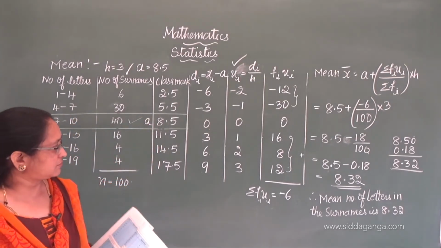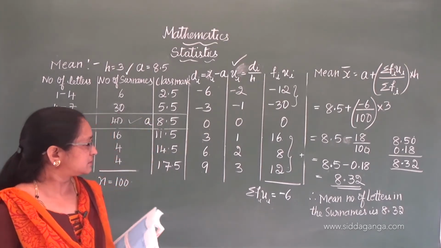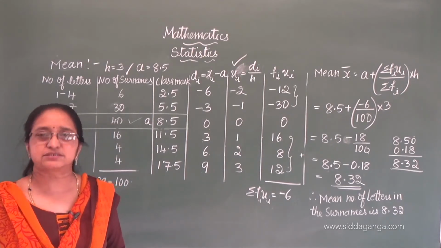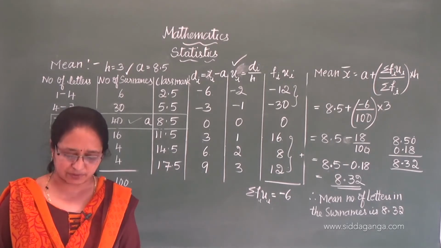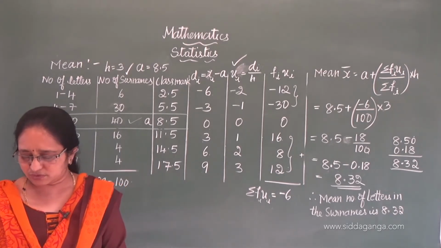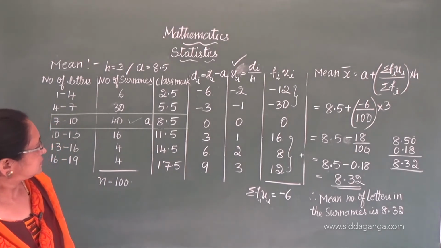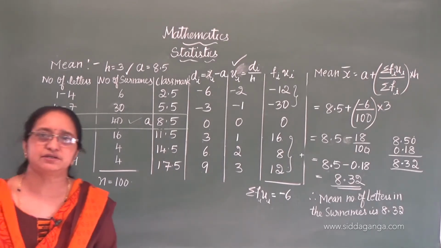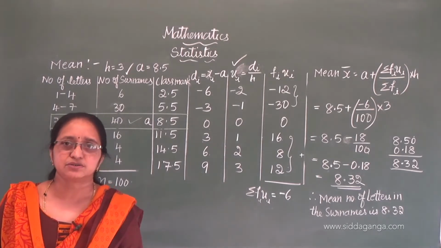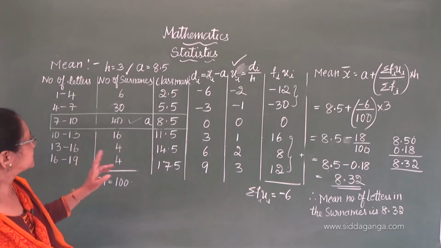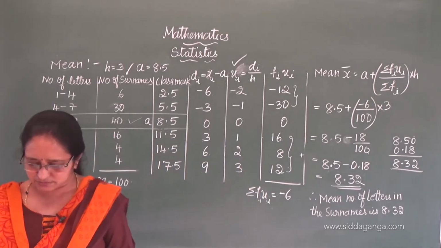Okay, this is how we are finding the mean. So next, the last part of the problem, we have to find out the mode. For mode, I don't think a column is necessary. Without the column you can do it directly, because here only we can get the highest frequency, the maximum frequency.